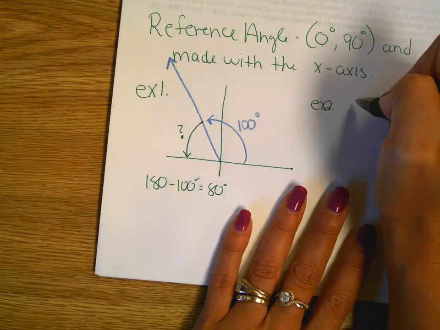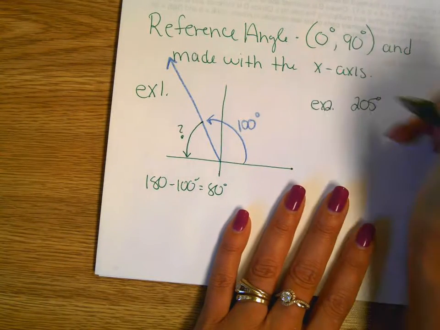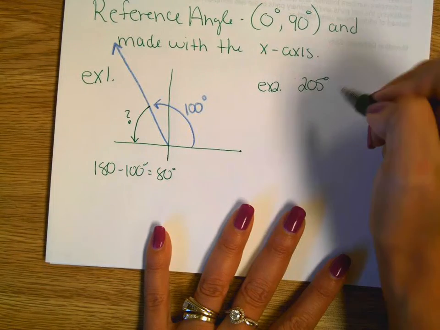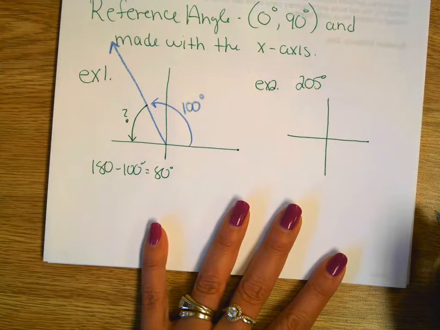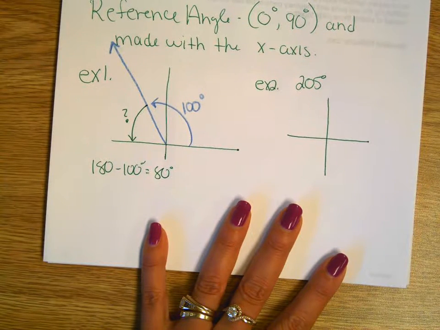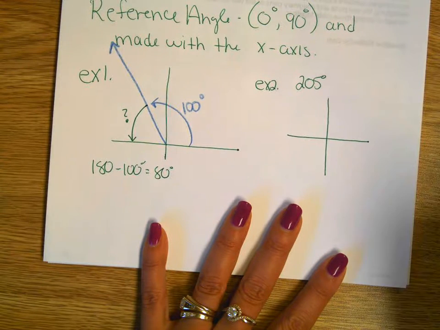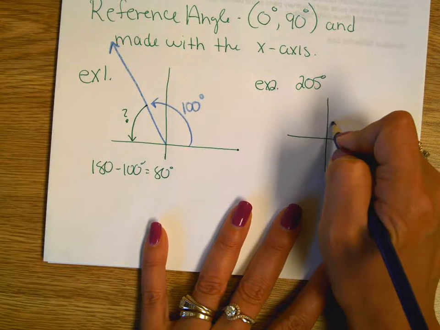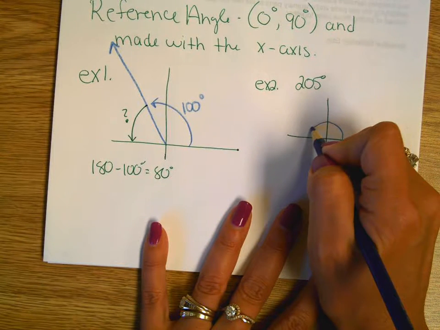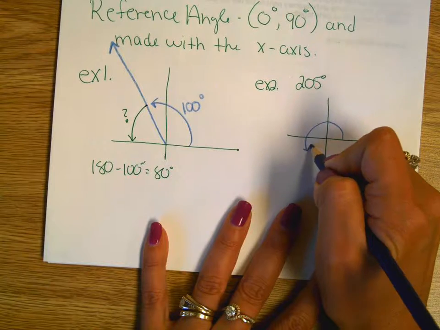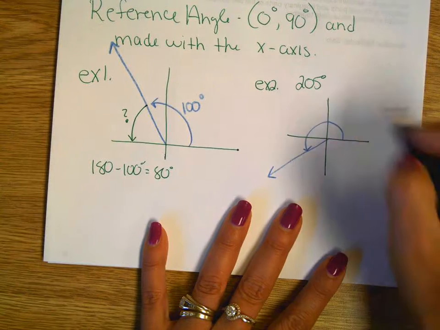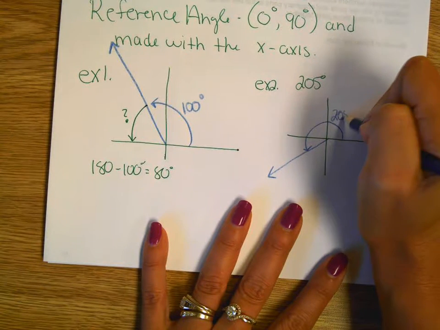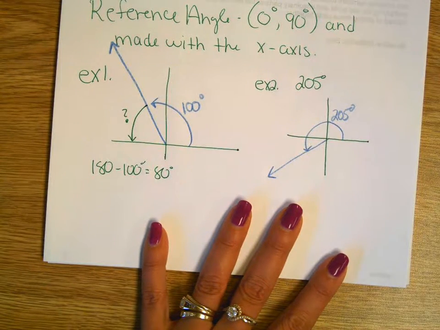Let's say I give you 205 degrees. Which quadrant are we in? Agree with third? 90, 180, got to go a little bit more. So that's 205. We're trying to find the reference angle.